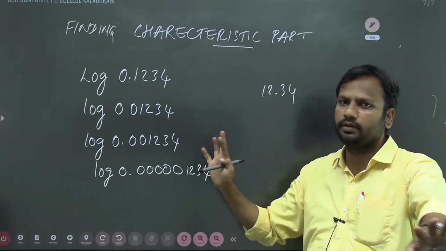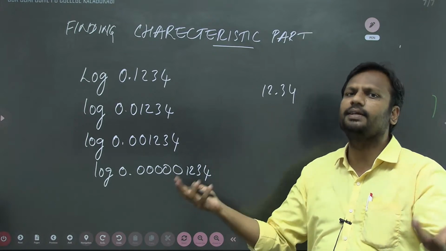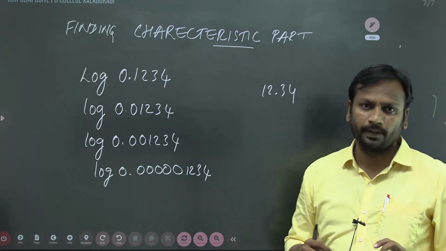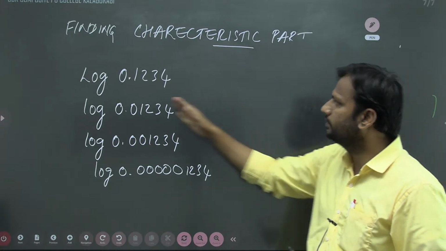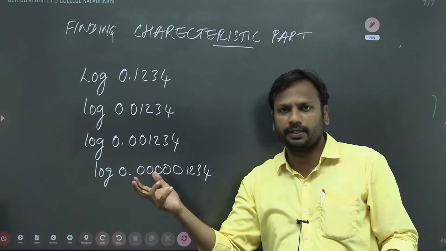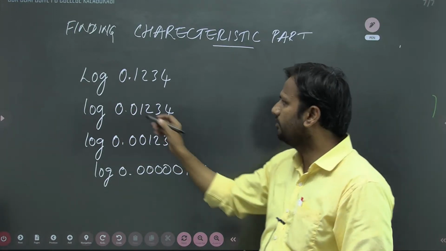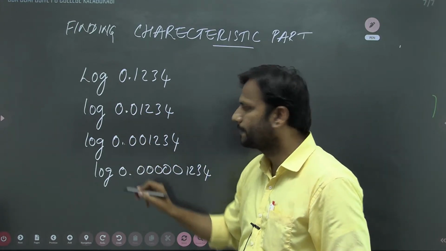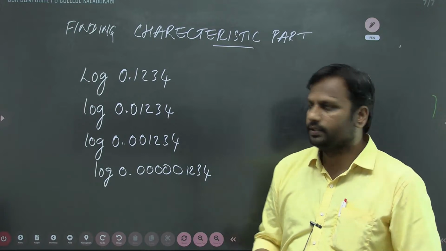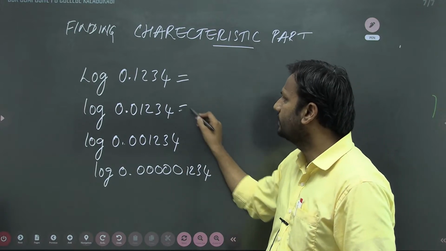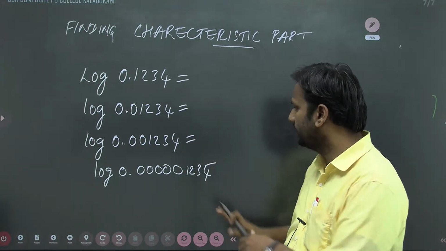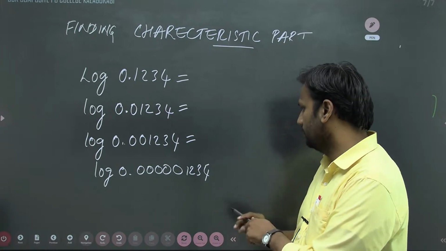But here, 0 point something, right? If there are no digits and they are giving only 0, then what to do? Just see here. What will be the characteristic part if this is the situation?